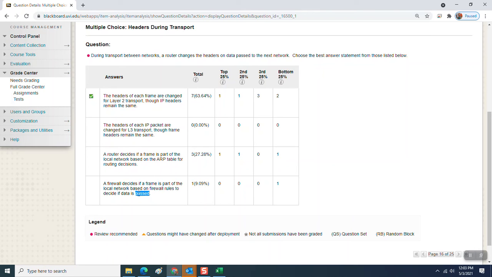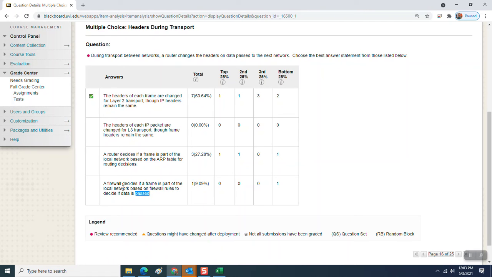The firewall, that's a bogus answer. A firewall is looking at application layer ports on layer 4, the transport layer, and associating those with the given application if it's more than a simple stateless firewall.